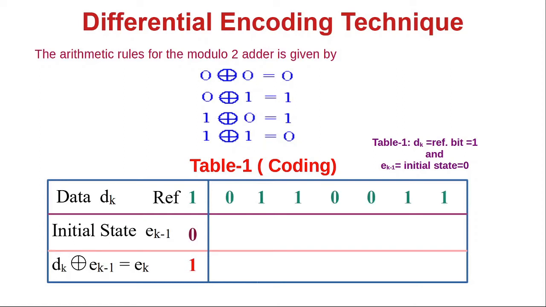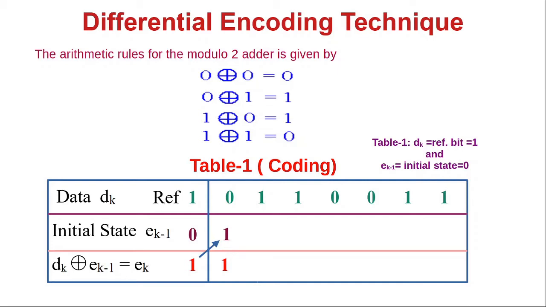Now let us consider the input message or data stream as 0110011. Now here the initial state will be 1, so ek will be 0 exclusive or 1, that is 1.